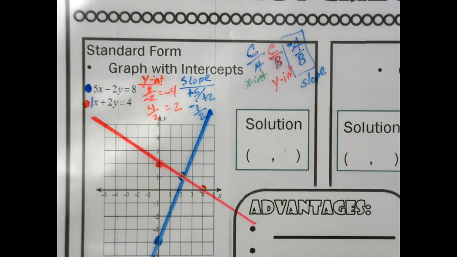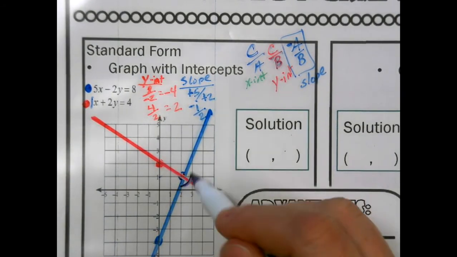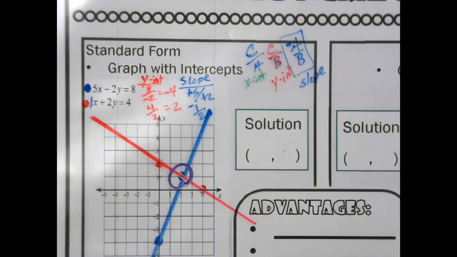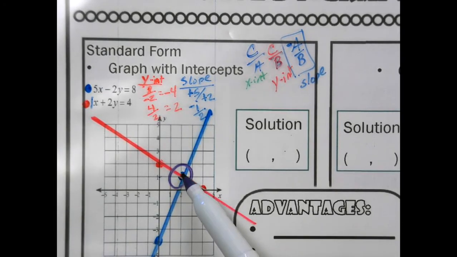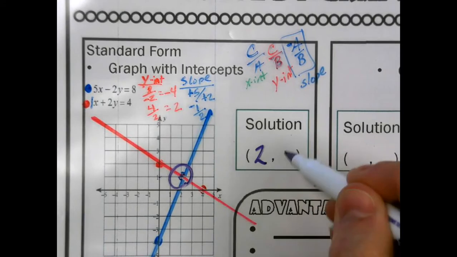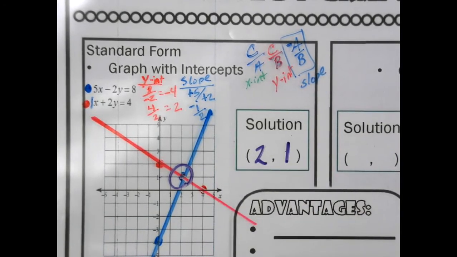So where do they cross? What is that point, guys, where they crossed? It's 2 over, 1 up: 2, 1. So the solution is 2, 1.